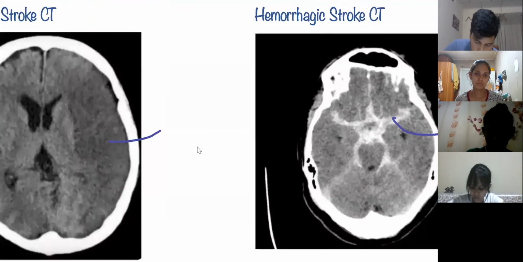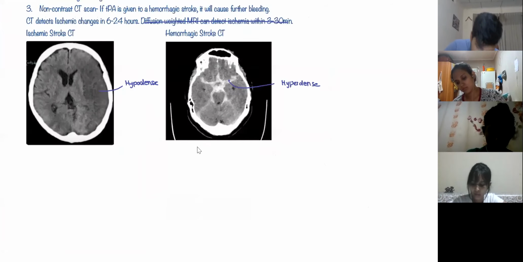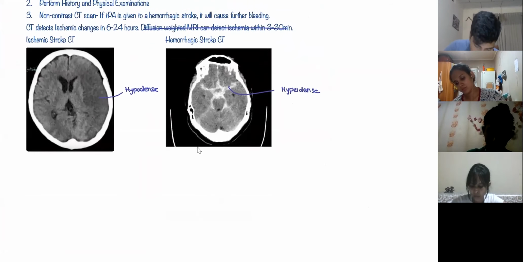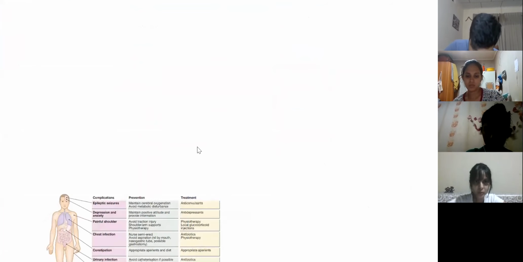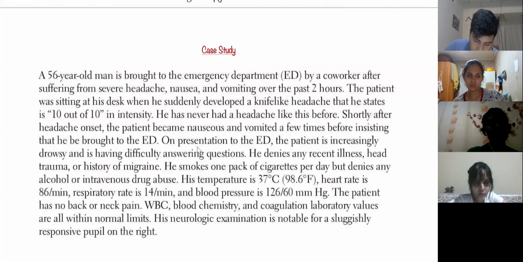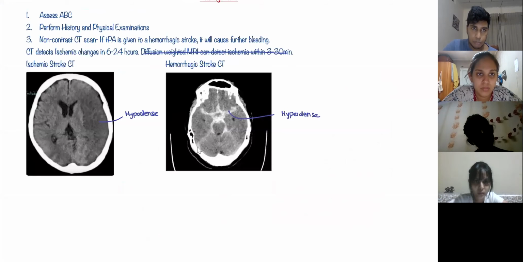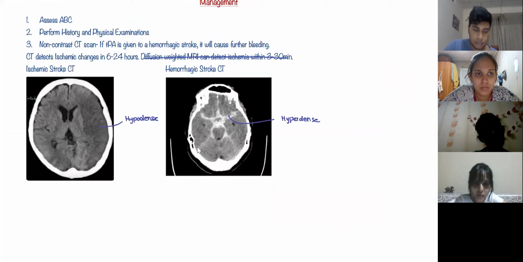This is hypodense compared to surrounding tissue. If you decide this is an ischemic stroke, you need to get rid of the thrombus. If it is a hemorrhagic stroke, you need to stop the bleeding. You give plasminogen, platelet activating factors.